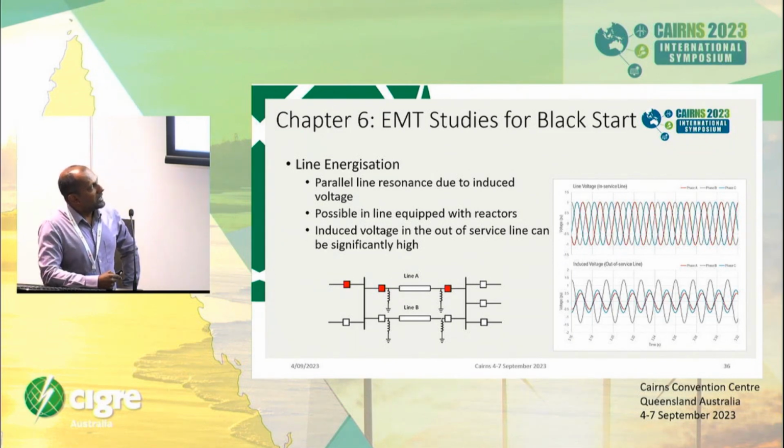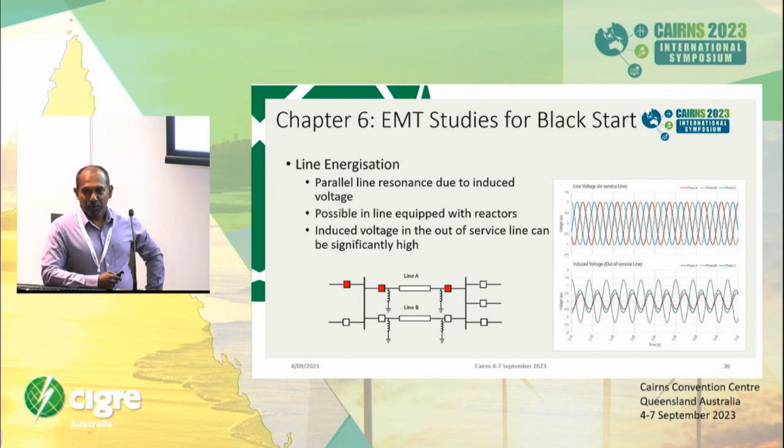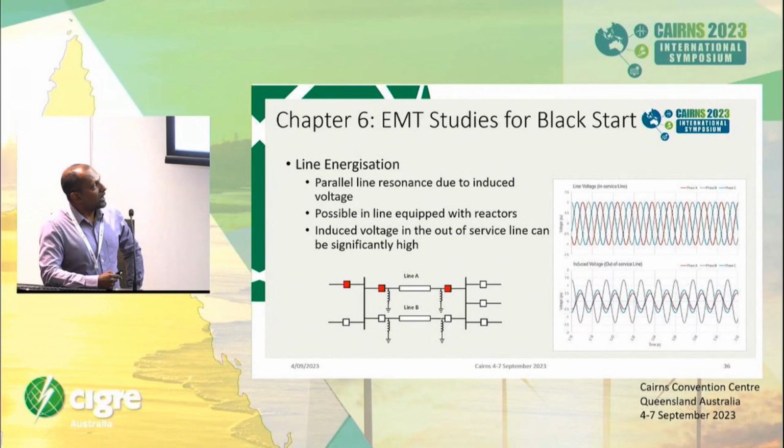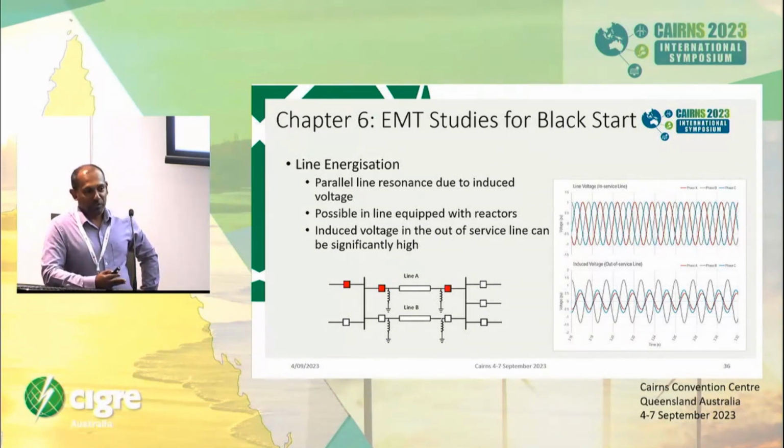How it happens is this: the capacitance of the transmission line and the shunt reactor will give you a nice LC circuit to oscillate. If the natural LC oscillation of this circuit is close to 50 hertz, which is not normally the case because when you're doing proper design it shouldn't happen.